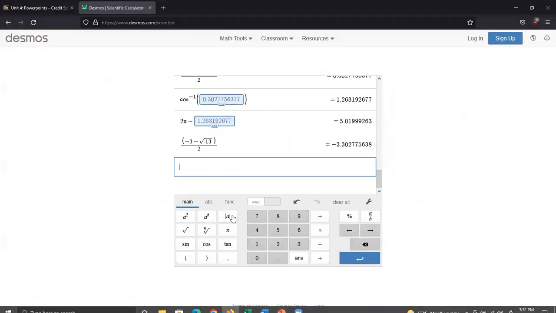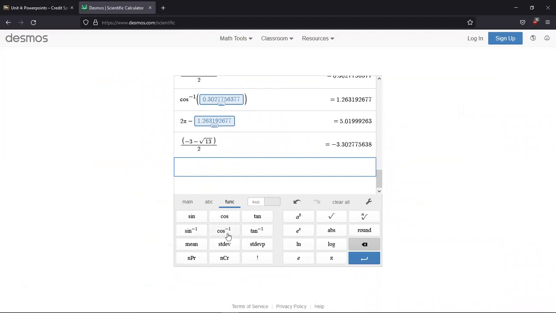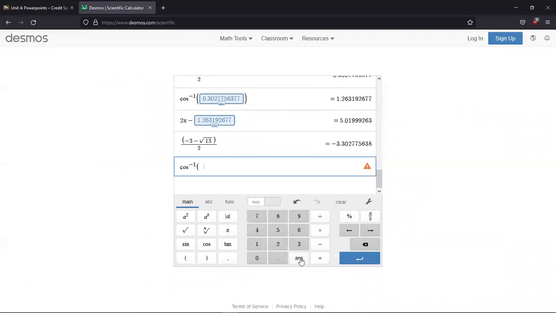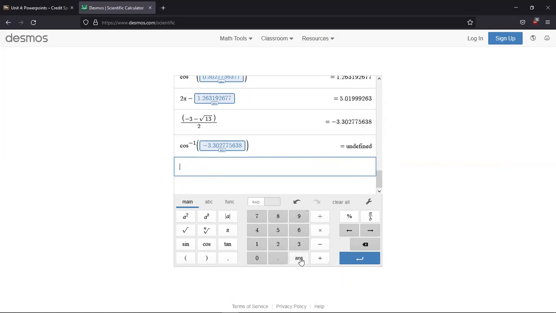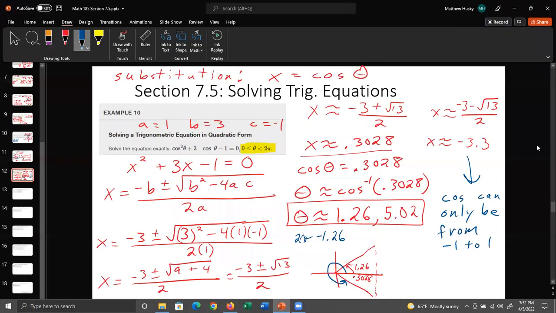If you try to do cosine inverse of that, your calculator is going to give you an error message for good reason, because that is impossible. The lowest possible number you can ever get from cosine, and also sine, by the way, it's true for both of them, is -1. -3.3 is not within bounds. It's too small of a number.